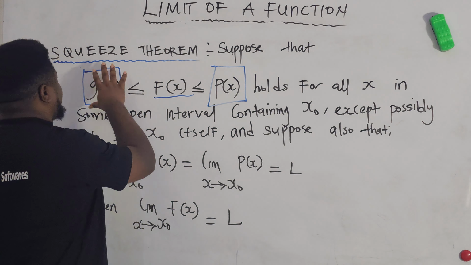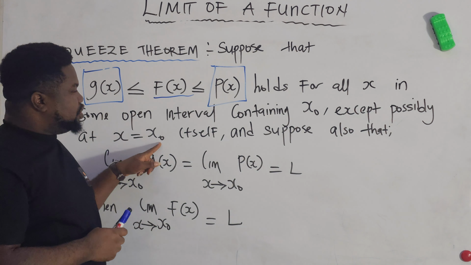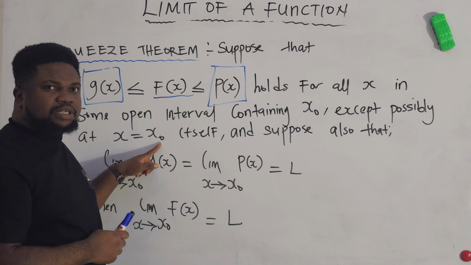If the limit of this function g of x is equal to the limit of this function p of x, if these two have the same limit L at x going to x naught, then the limit of the function squeezed in between is also equal to L as x tends to x naught.